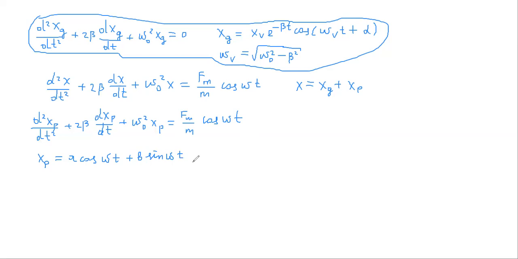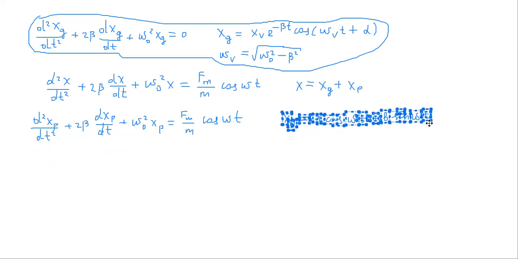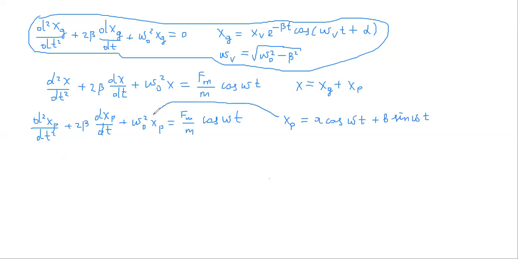A and b are constants that we need to find. So let's do this. Let's try to substitute this here.